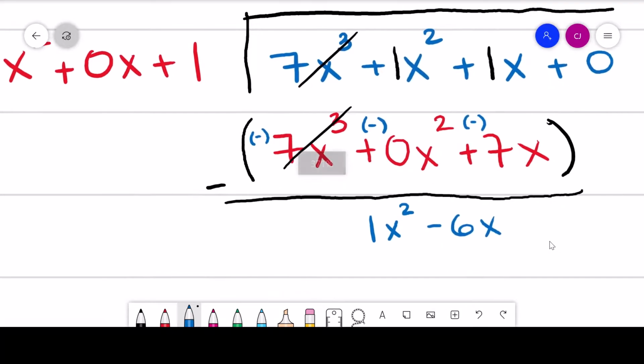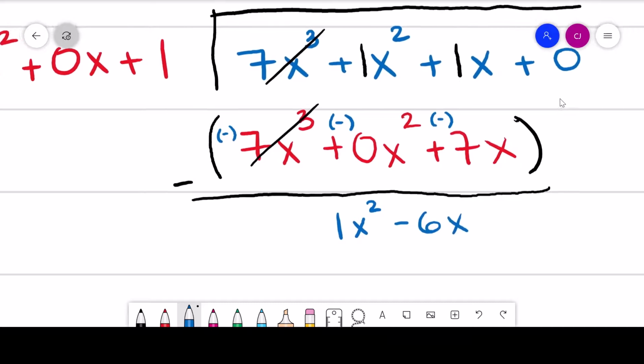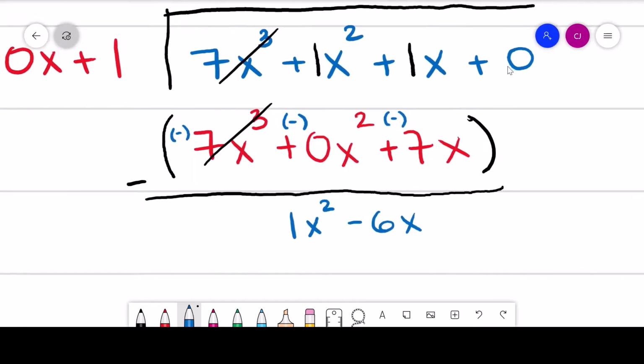So I get to this point and the next part is to take the term that is left inside of the division bracket, and I'm going to bring this term down. I'm going to write it as plus 0.